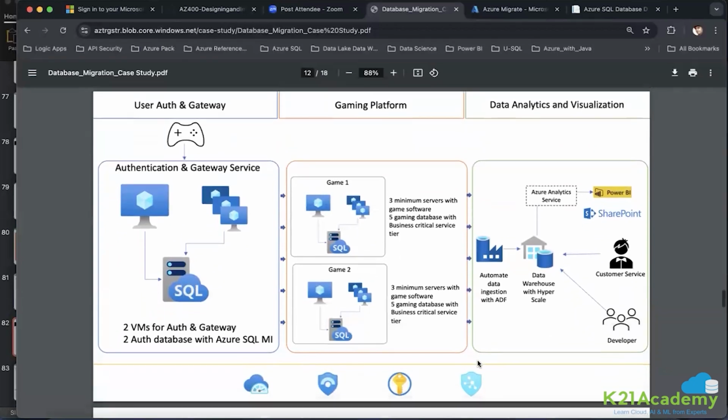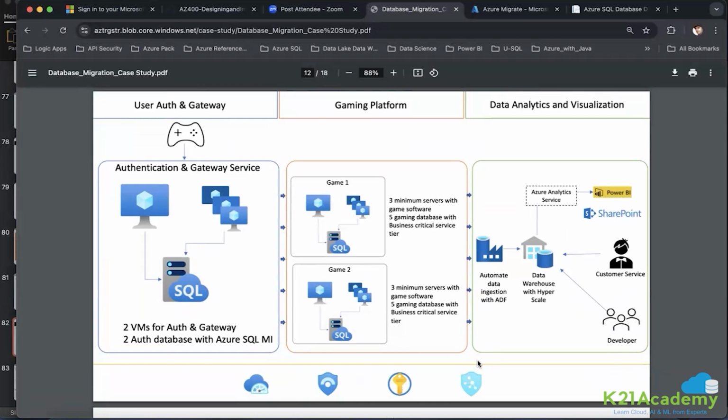Now, in line with that, looking at the problem statement, I have divided the solution into three parts: the user authentication and gateway, the gaming platform in the middle section, and the third part is data analytics and visualization.